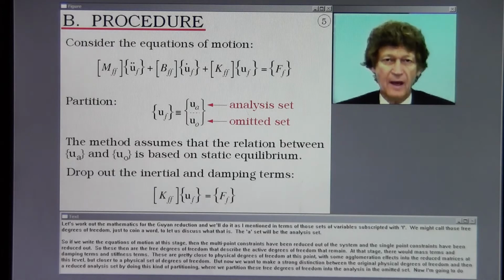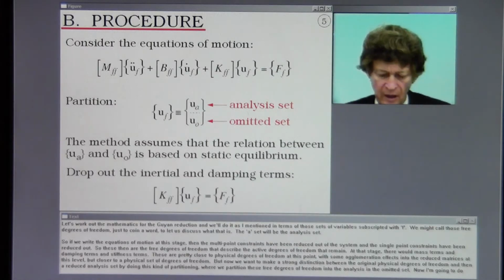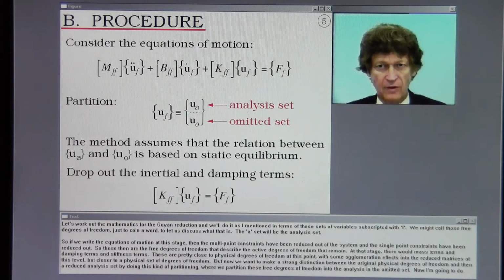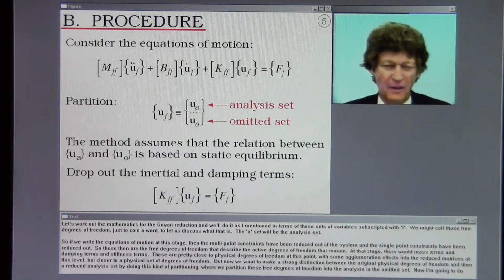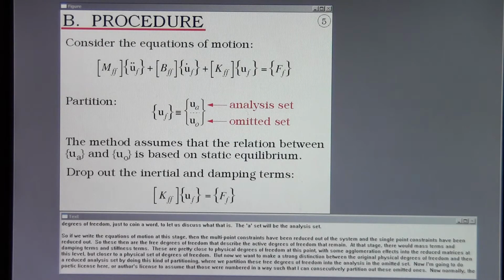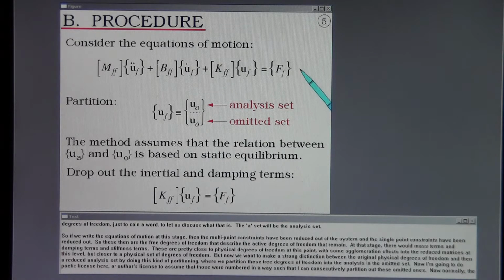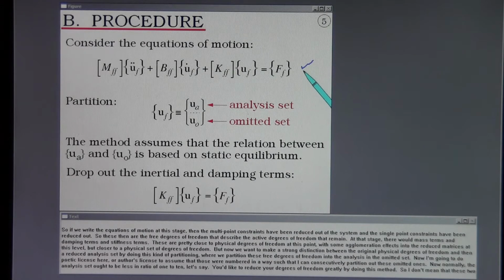Let's work out the mathematics for the Guyan reduction, and we'll do it, as I'd mentioned, in terms of those sets of variables subscripted with F. We might call those free degrees of freedom, just to coin a word to let us discuss what that is. And the A set will be the analysis set. So if we write the equations of motion at this stage, the multipoint constraints have been reduced out of the system and the single point constraints have been reduced out.